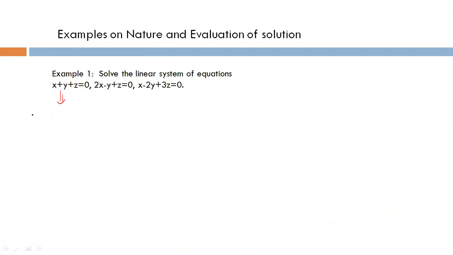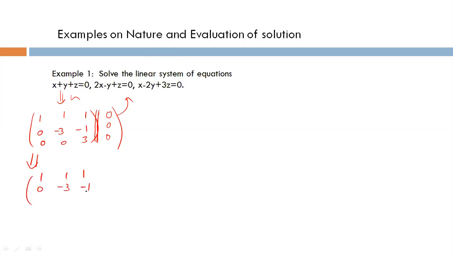So this is equivalent to 1, 1, 1, 0, minus 3, minus 1, 0, 0, 3, and this partition was 0, 0, 0. And if we write in the form of xyz, we can write it 1, 1, 1, 0, minus 3, minus 1, 0, 0, 3, xyz equal to 0, 0, 0.